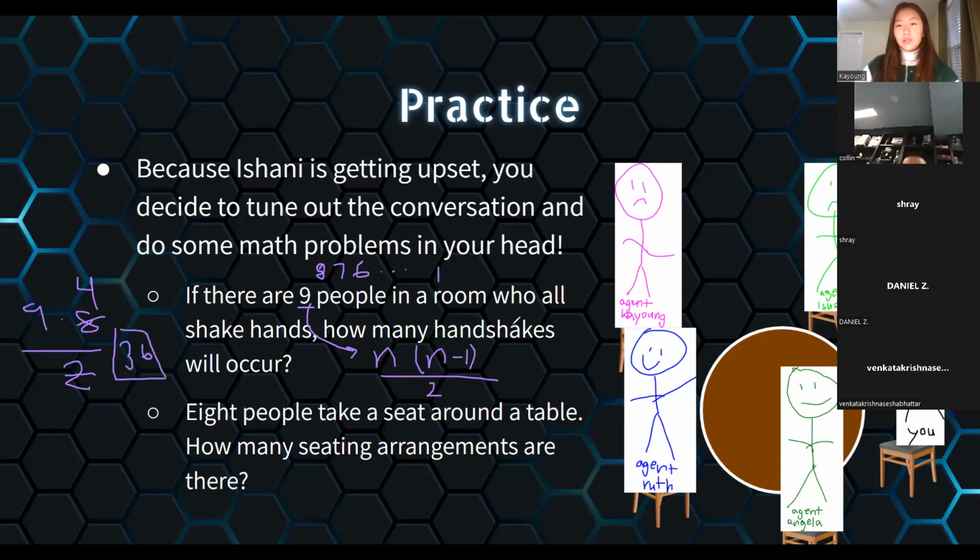Okay, now let's do the second one. 8 people take a seat around a table. How many seating arrangements are there?